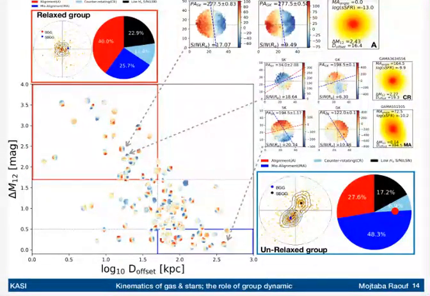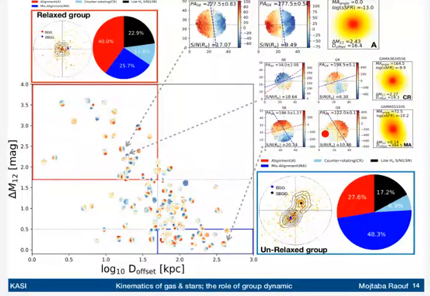And we have the blue regions in the pie chart. You can see the higher blue regions in the unrelaxed systems. It means that we have a higher misalignment between the gas and the stars in the unrelaxed systems. Then you can find the misaligned regions in the panel that I showed you here.